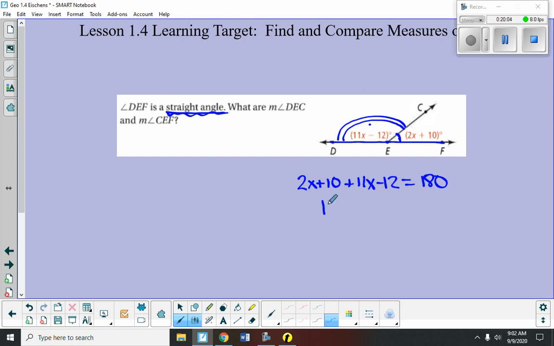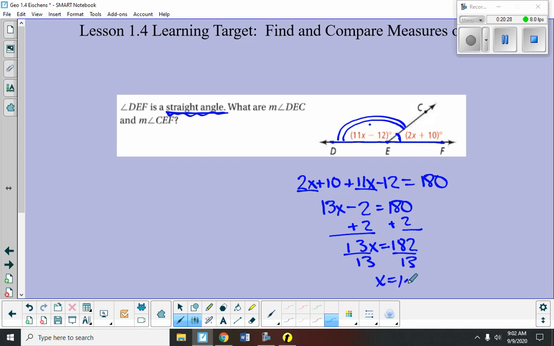Combine like terms. 2x and 11x is 13x. 10 minus 12 is a negative 2. And that equals 180. Then divide by 13, and we get 14. x equals 14.